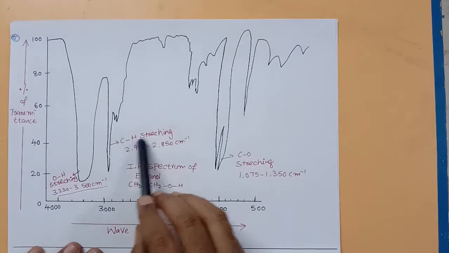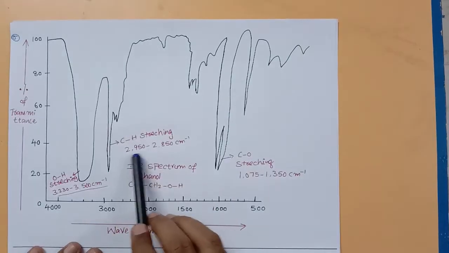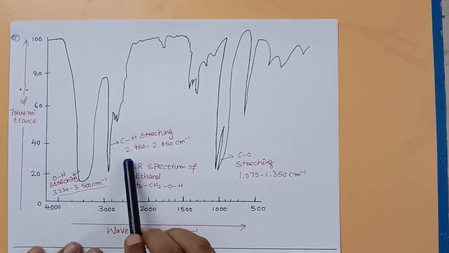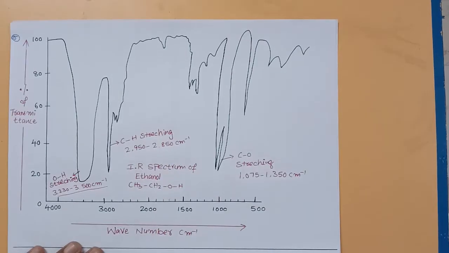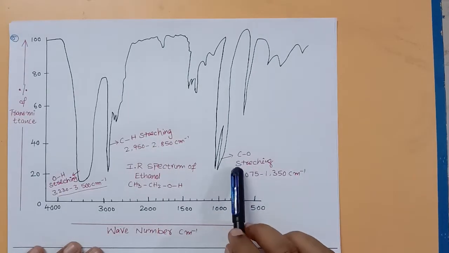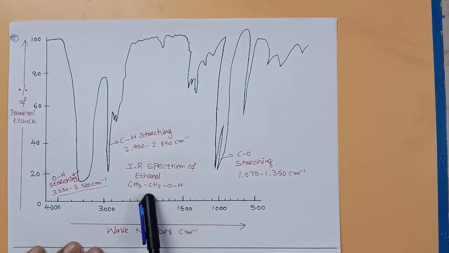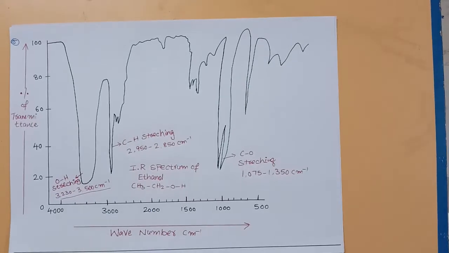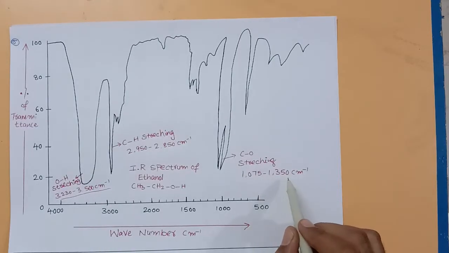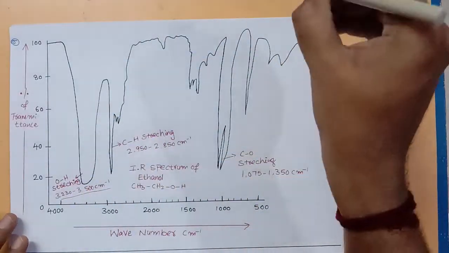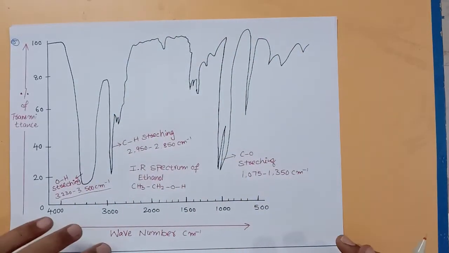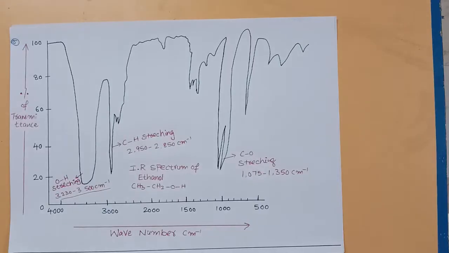Okay, and for stretching of the CH bond, this alcohol is going to take 2950 to 2850 centimeter inverse. Then for CO stretching, the stretching of the bond between carbon and oxygen, this alcohol is going to take about 1075 to 1350 centimeter inverse. So each bond has its own absorption frequency. Okay, so that is an example that I am going to represent in this slide. I think you got it.